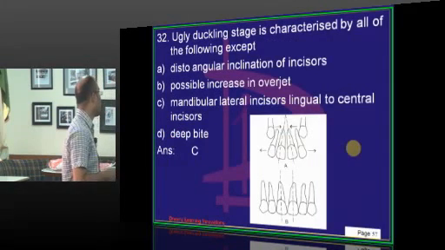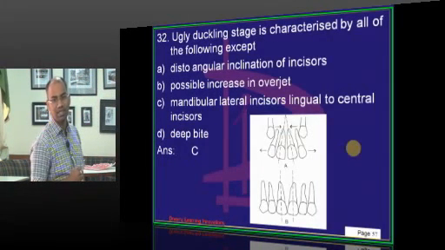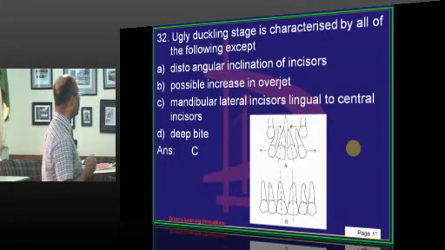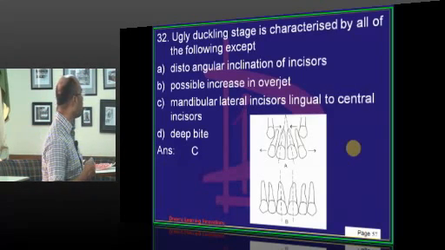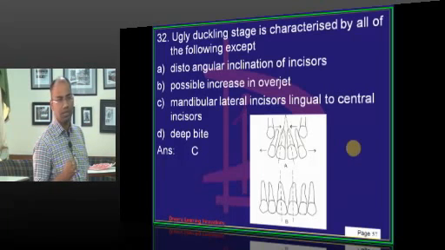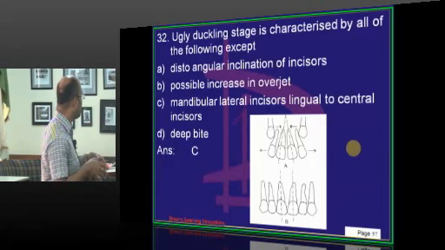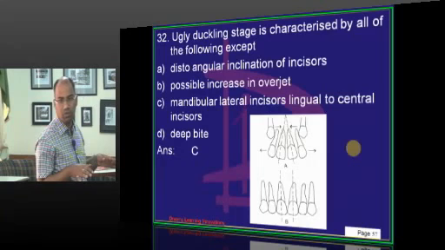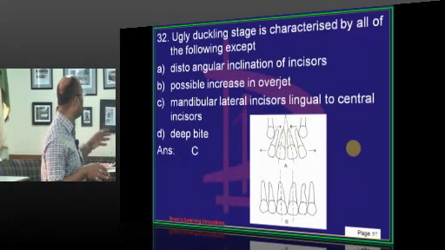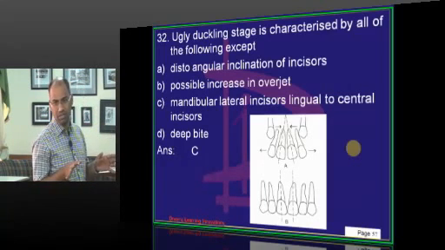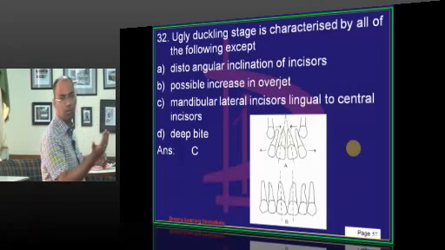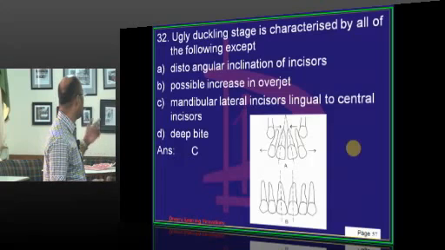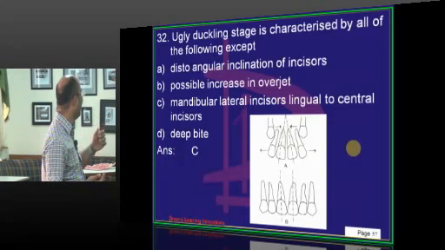The ugly duckling stage is characterized by all of the following features except which? Now, the ugly duckling stage is nothing but a broadbent phenomenon, where at approximately 8.5 to 9.5 years of age you see distoangular angulation of your incisors, not inclination, and then an increase in some amount of overjet, and mandibular lateral incisors lingual to the central incisors, and deep bite.